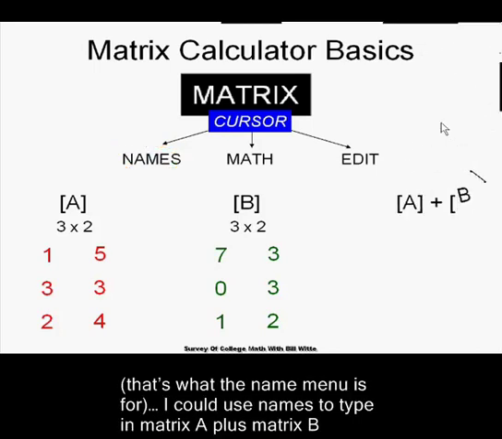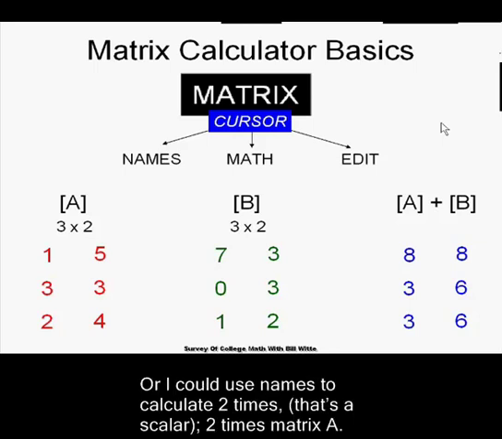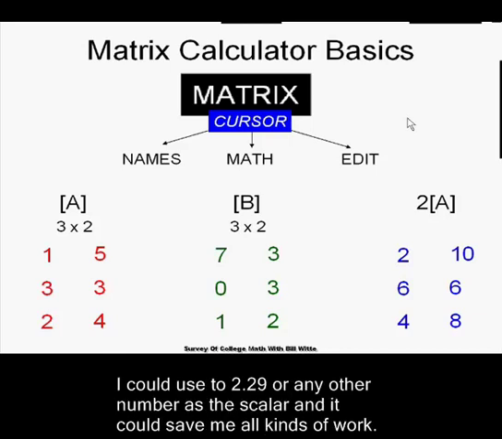I could use names to type in matrix A plus matrix B, and as soon as I hit enter, it adds those 2 for me immediately. Pretty cool. Or I could use names to put 2 times, it's kind of a scalar, isn't it? 2 times matrix A. And I don't have to use 2.